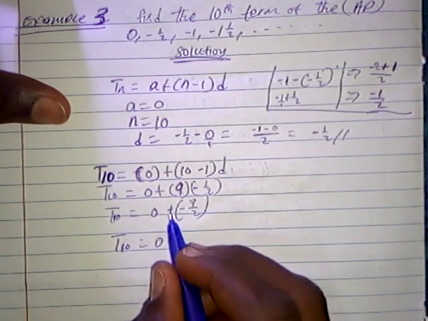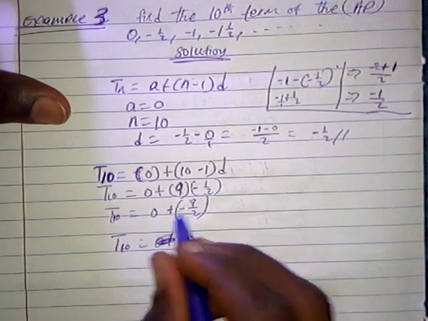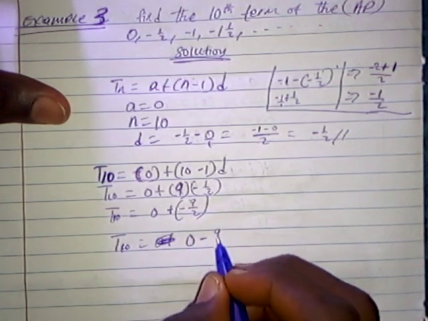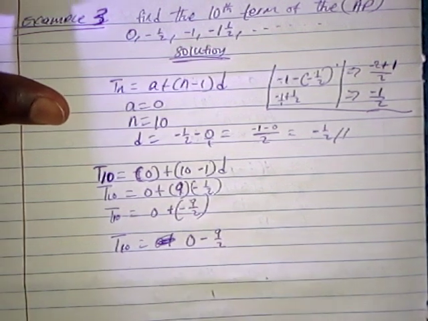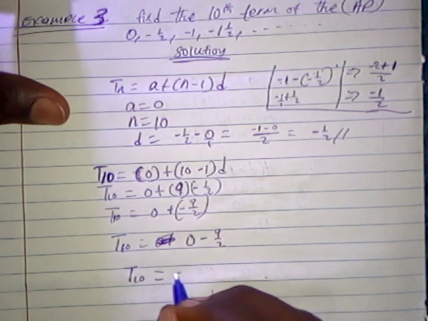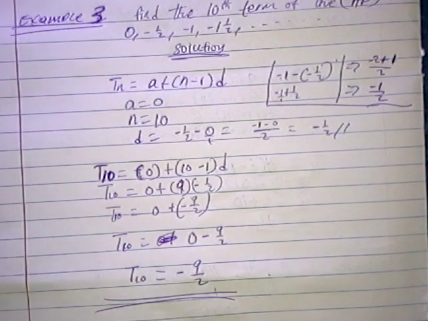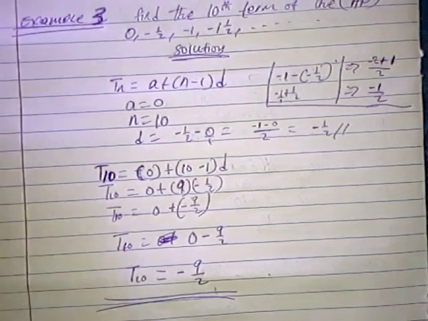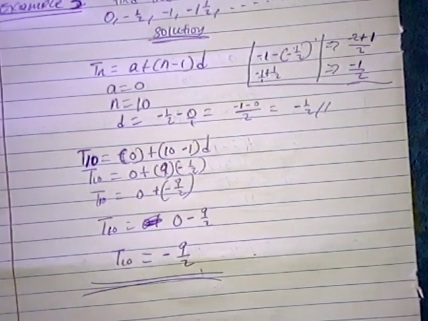So T10 is equal to 0 plus minus 9 upon 2. Right? If you add them, you just have minus 9 upon 2. So the 10th term is minus 9 upon 2. Zero added to any number is just the number, right? The 10th term is minus 9 upon 2. You get it?